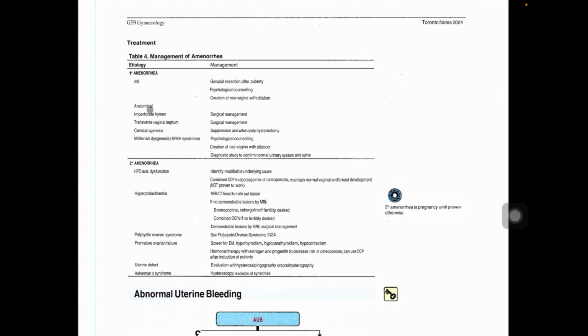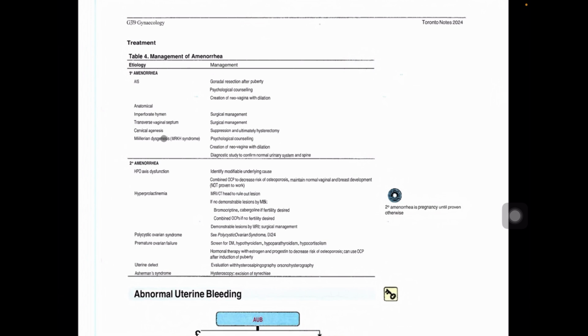For an anatomical imperforate hymen, you have to do surgical management. Transverse vaginal septum, similarly surgical management. Anything structural, you will do surgical management. Cervical agenesis: suppression and ultimately hysterectomy.